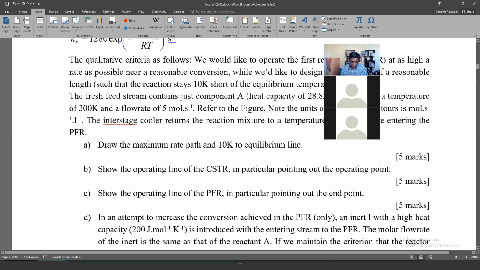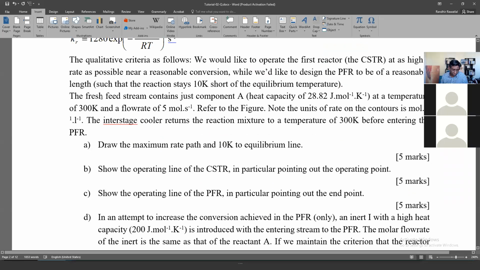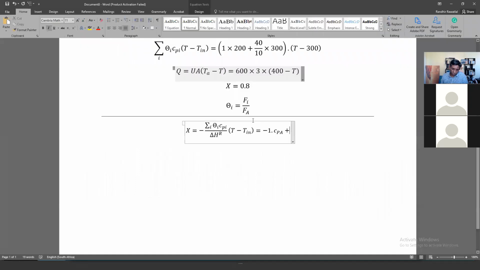The fresh stream contains just component A. There's no inlet flow of component B. So we can see that the numerator is just that CPA.